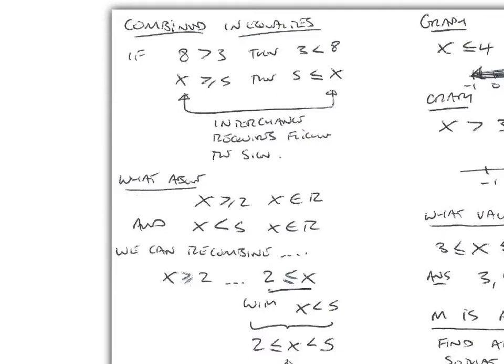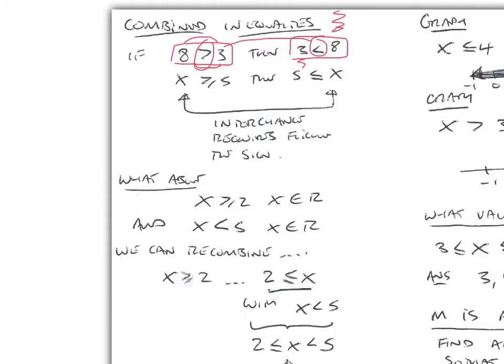Okay, so let's talk about combined inequalities. And really we're just saying that if 8 is greater than 3, then it's fair to say, and it's the same thing to say really, that 3 is less than 8. So basically we've brought the 8 this side and the 3 that side. So the 8's over here now and the 3 is here. But note how we've switched the direction of the sign.